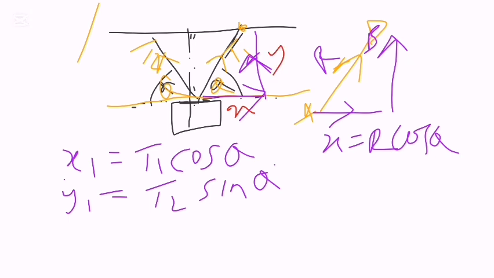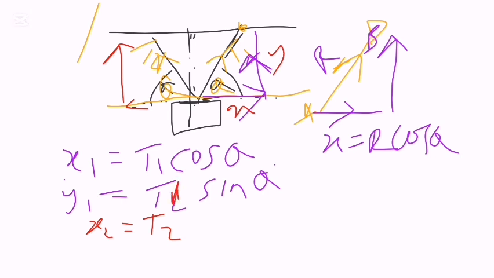So this is tension 1. Tension 2 also has an x and y component. When you look at tension 2 here, the x component of tension 2 is T2 cos theta.